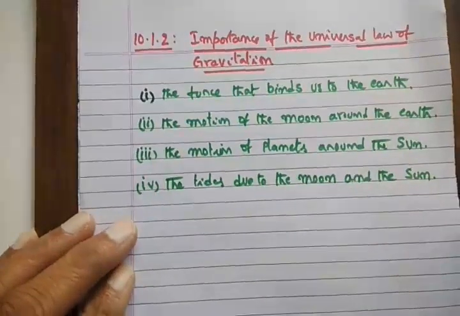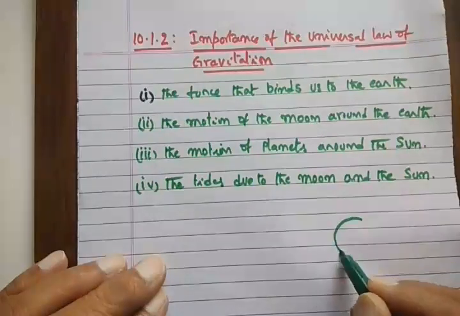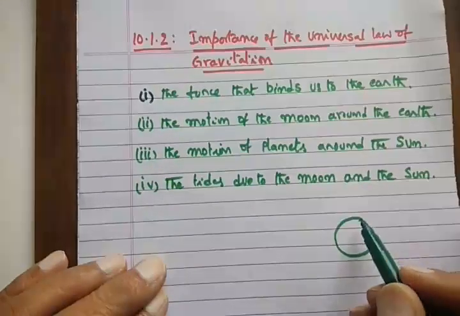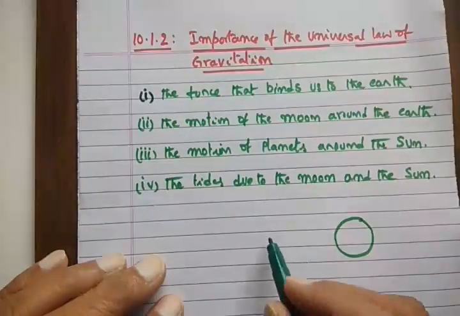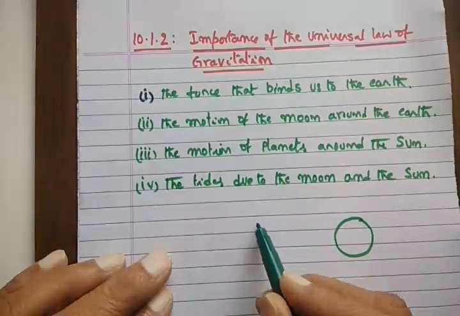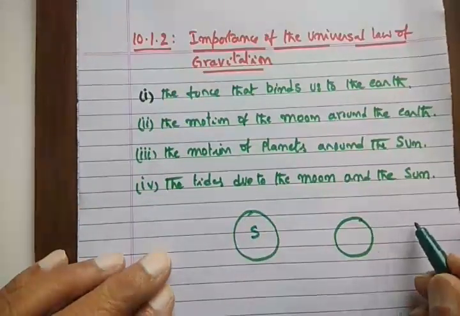This is something new for us. So why does it happen? Take earth. Earth is covered by ocean. More than 70% is water only. So let us take the sun on this side, and the moon on this side.